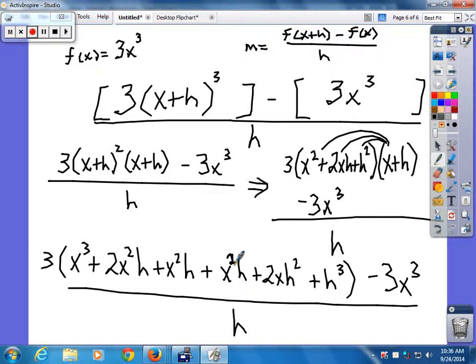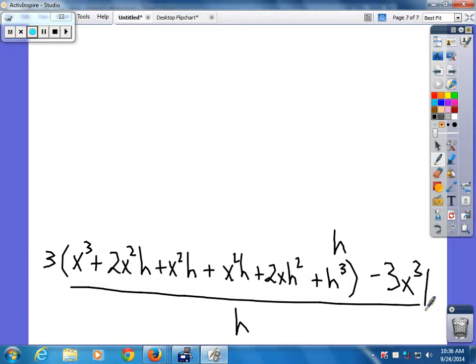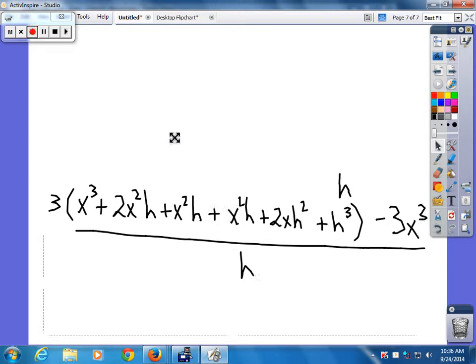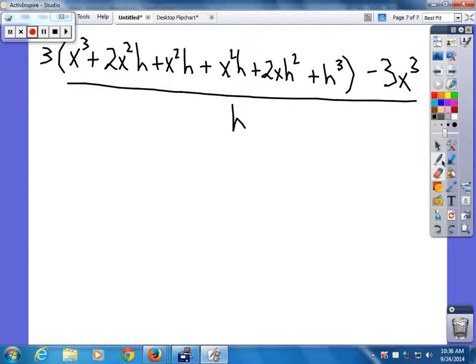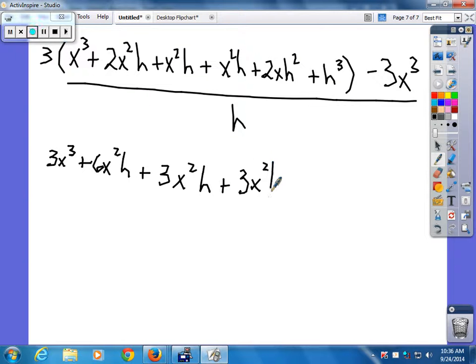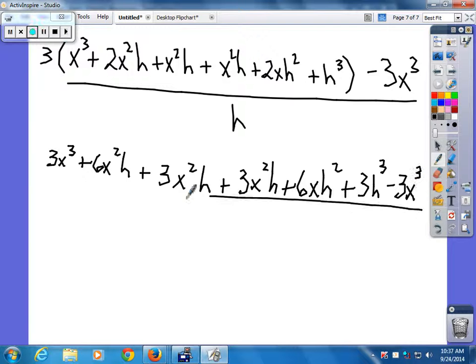All right, so next page. Three x cubed plus 6x squared h plus 3x squared h plus 3x squared h plus 6x h squared plus 3h cubed minus 3x cubed over h.